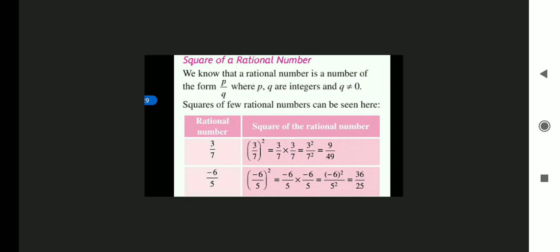The square of that rational number will be 9 upon 49. 3 into 3 is equal to 9, 7 into 7 is equal to 49. Let us take an example of a negative rational number, minus 6 upon 5. Here we have minus 6 upon 5 whole square, which results in 36 upon 25, as we already know that the square of a negative number is positive.